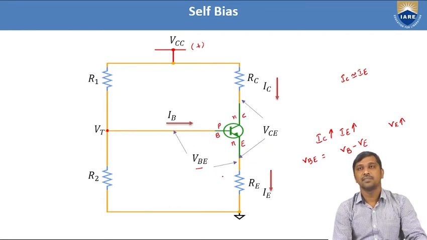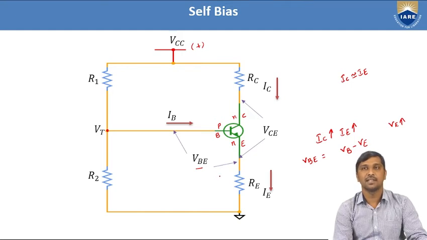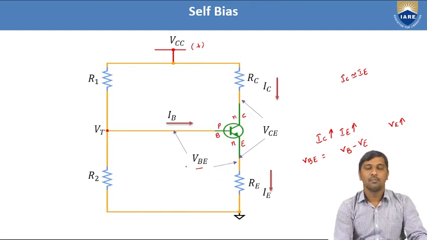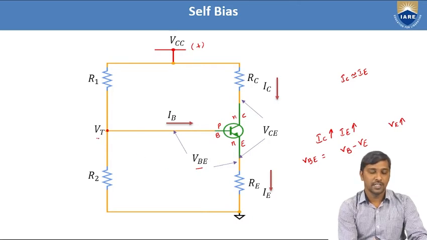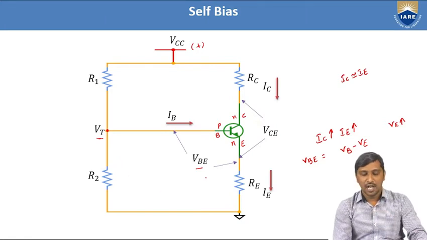This gives the voltage Vt across this node and the equivalent resistance across the base side in terms of the two biasing resistances, R1 and R2.